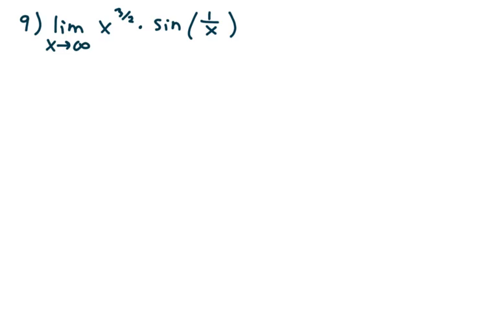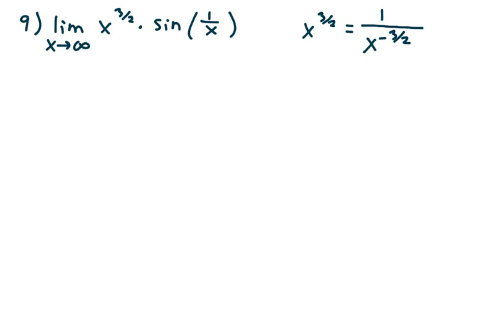Now, this one's really, really interesting, because this is of the form infinity times 0. And infinity times 0 doesn't make any sense whatsoever. So the one thing we have to take note of is the following. I'm going to write x to the 3 halves as 1 over x to the negative 3 halves.